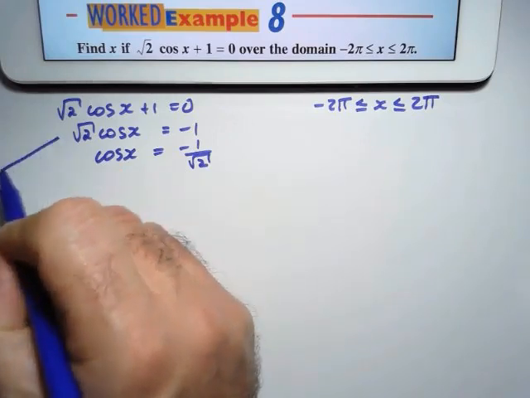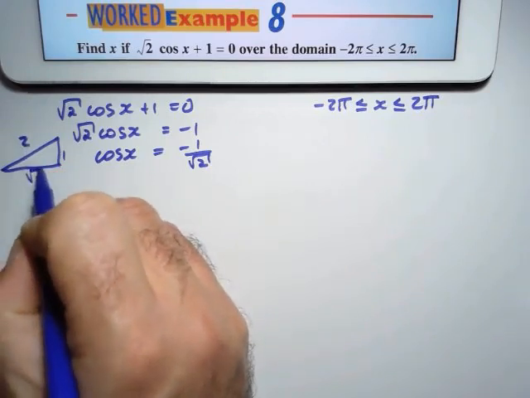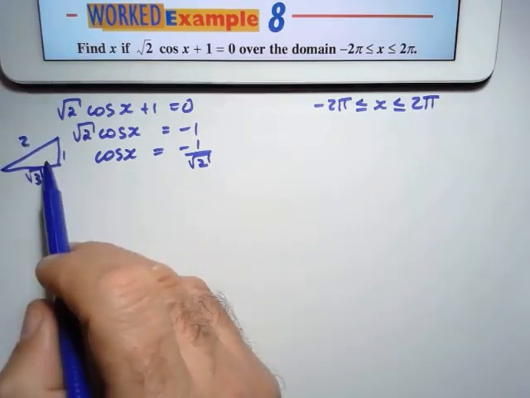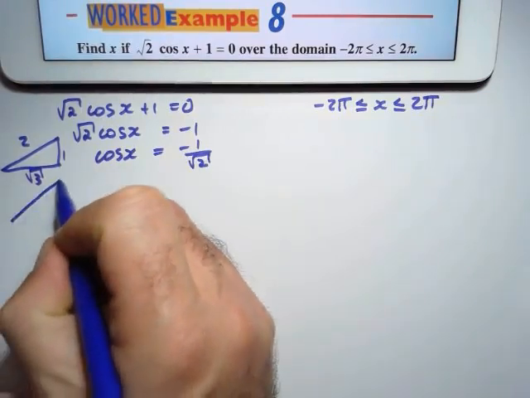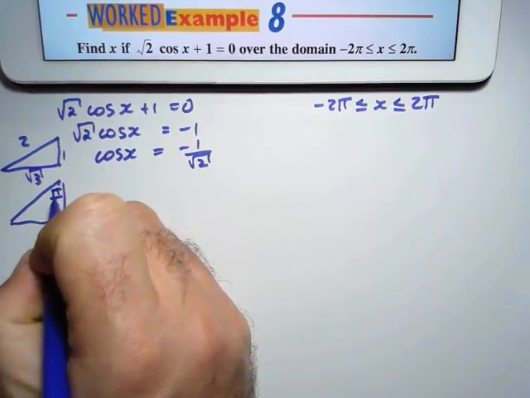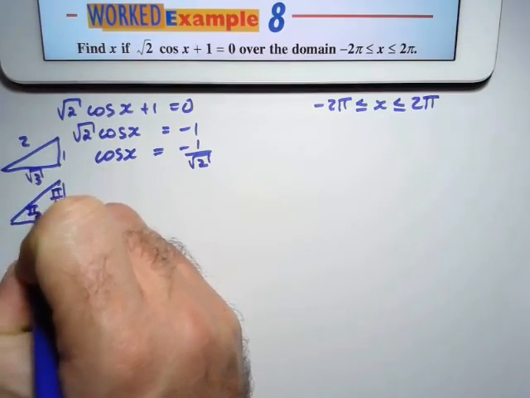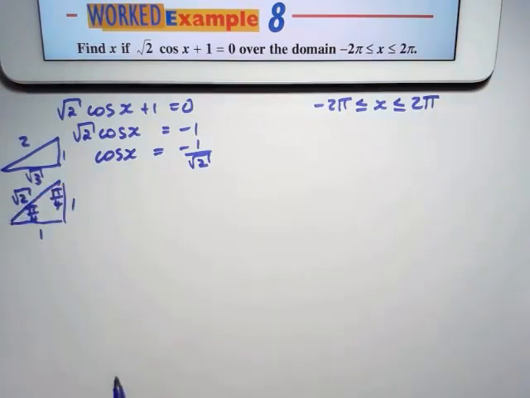There's the 30-60, and the 30-60 is 1 to square root 3. So it's not that one because there's no square root 2. The 45, however, but I'm working in radians, which means pi over 4, we know that that is 1 square root 2. So that must be the special triangle that I use.